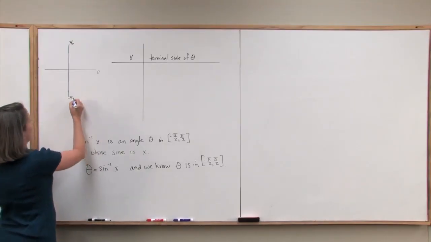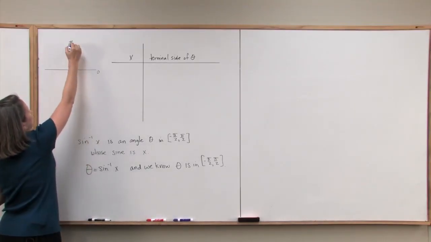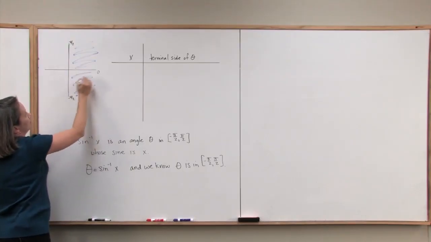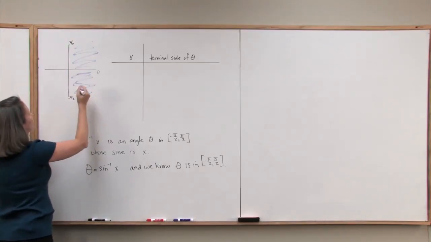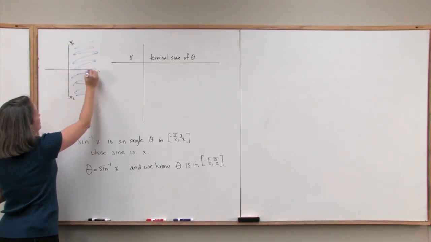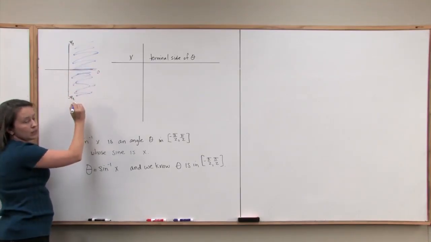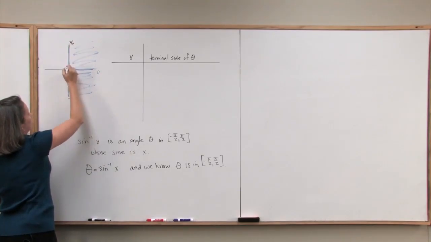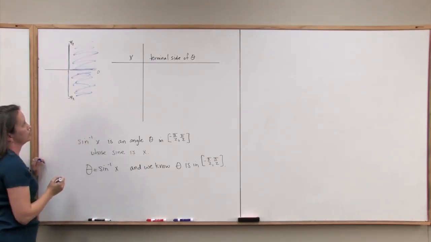Well, here's negative pi over 2. There's pi over 2, so it can be anywhere in quadrant 1 or quadrant 4. It could be along the positive x-axis, and it could be on either side of the y-axis, the positive or the negative.